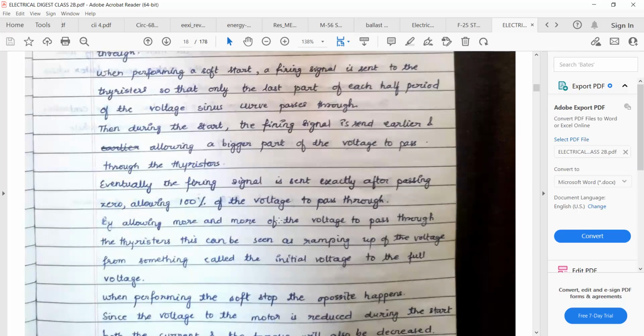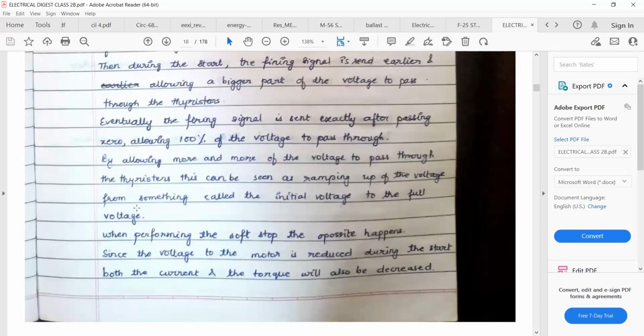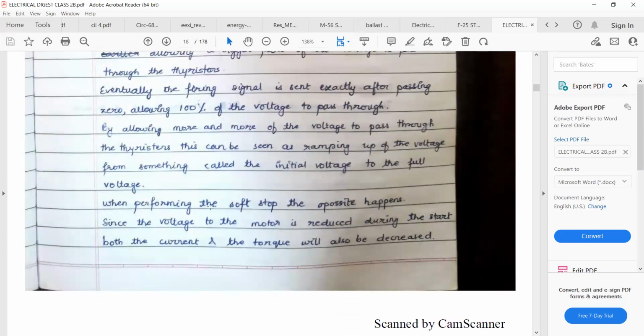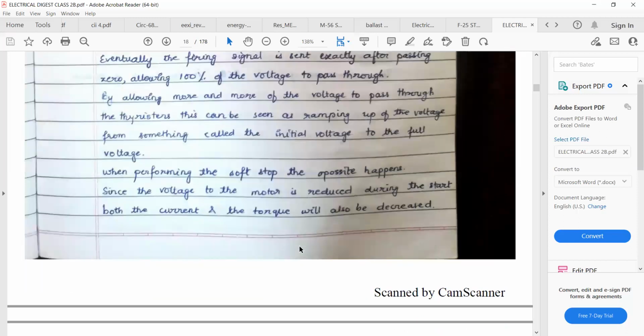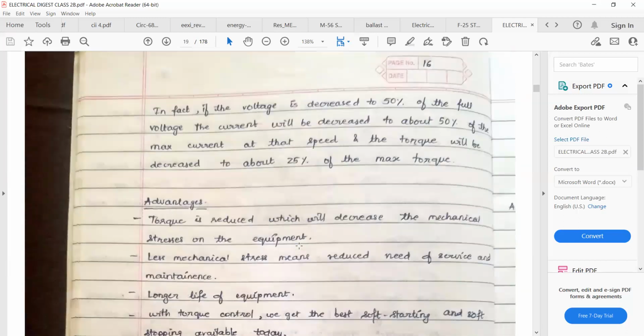By allowing more and more of the voltage to pass through the thyristor, this can be seen as a ramping up of the voltage smoothly from something called the initial voltage to the full voltage. When performing the soft stop, the opposite happens, and since the voltage of the motor is reduced during the start, both current and torque will be decreased.